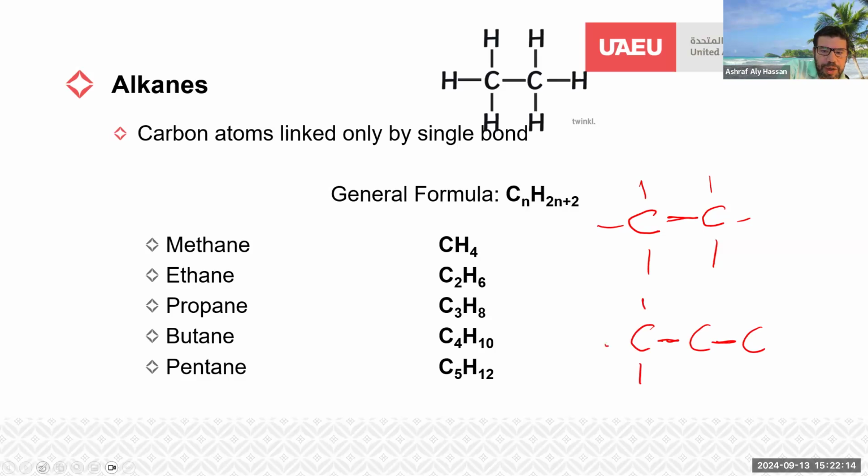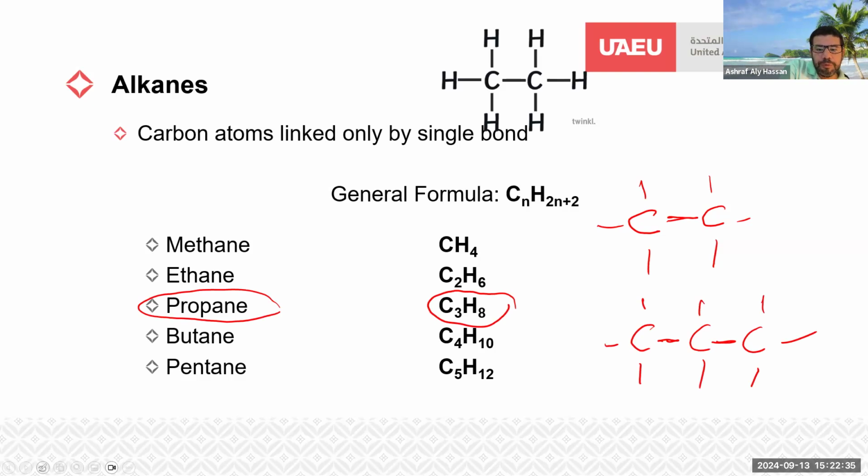Here we'll have 3 H's, here 2 H's, and here another 3 H's. So this one, with 3 carbons, will be C3H, 1, 2, 3, 4, 5, 6, 7, 8, so C3H8, and in this case it's called propane.